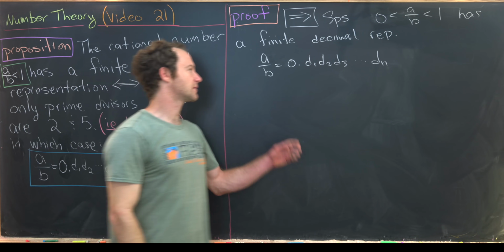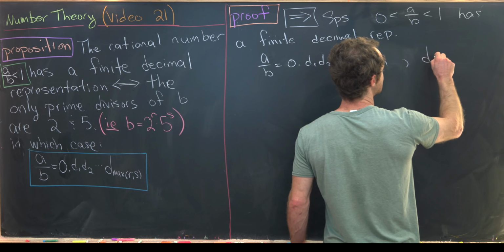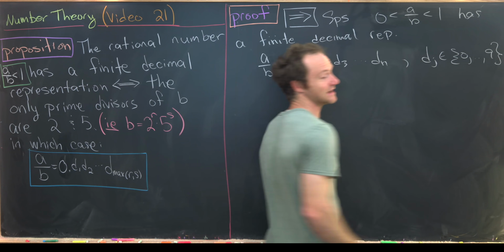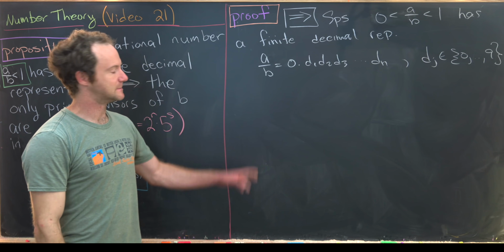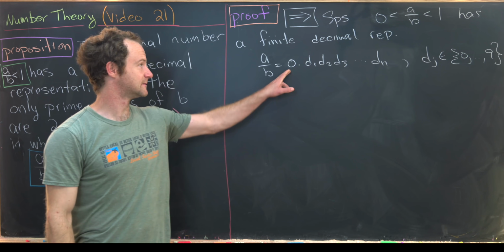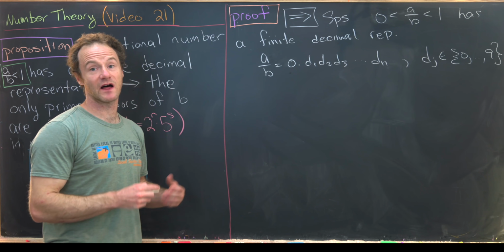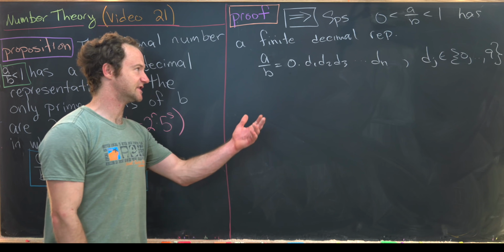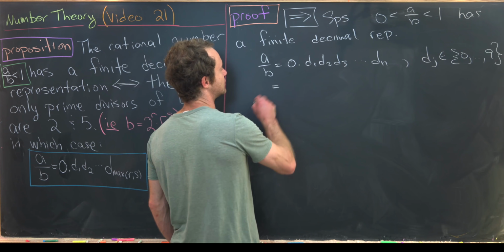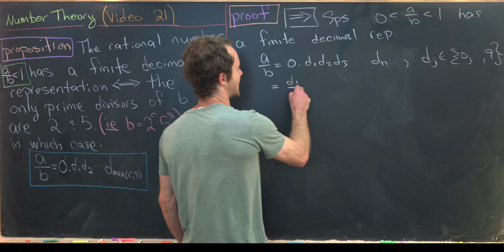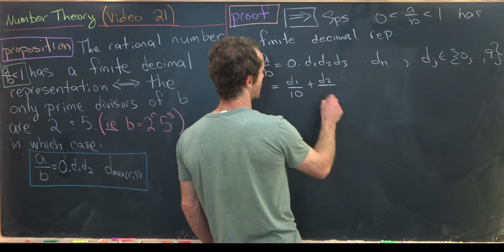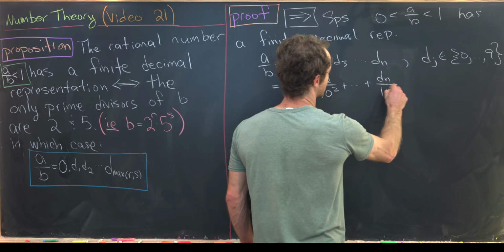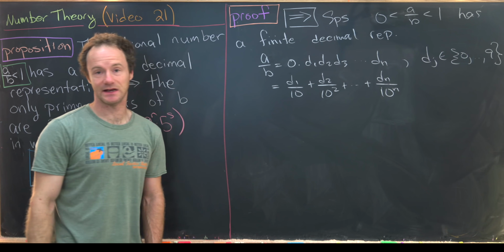Okay. And I want to point out that here, these dj come from the set 0 through 9, just as standard. All right, but now we're going to take this and write it with a base 10 expansion. So in other words, we're going to use the definition of our decimal expansion. So notice that this is d1 over 10 plus d2 over 10 squared plus all the way up to dn over 10 to the n.